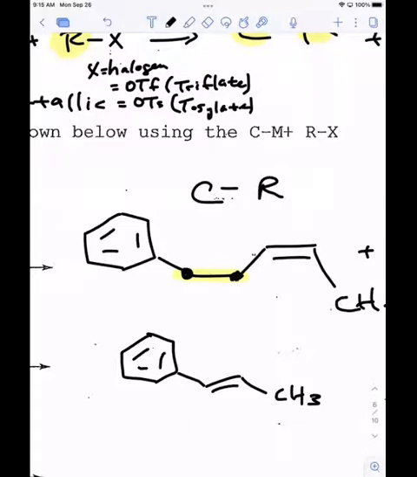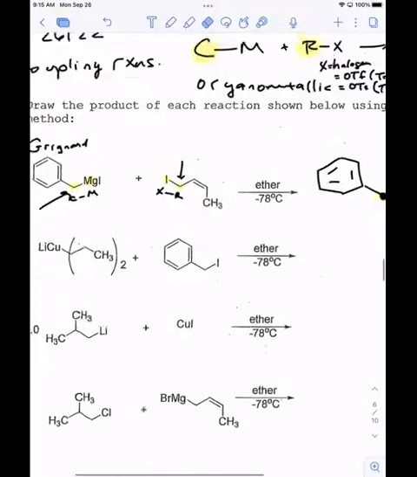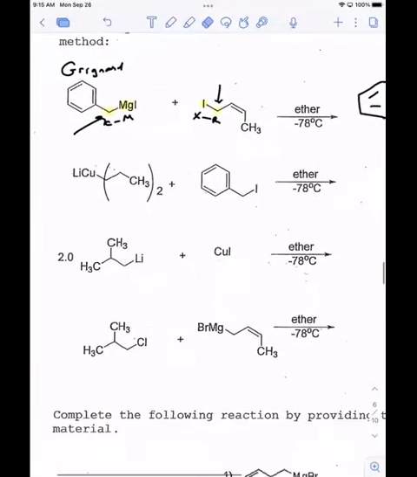I don't want to fuse them together. I want to put a bond between the two carbons. So this is incorrect. I always want to be mindful of where the carbons are that I'm trying to put together. All right, let's do the last example. Help me identify CM and RX. Then we'll come back to the Gilman.